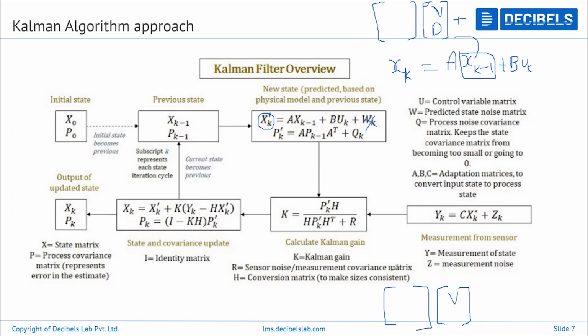Okay, this is A, this is X of K minus 1 plus B, and this will be your input. So in our case, input is your acceleration. So B into U.